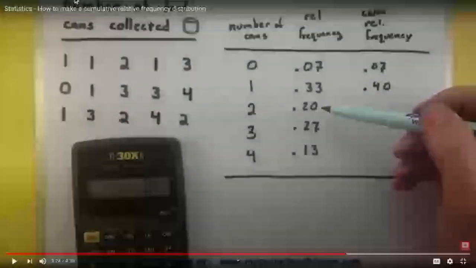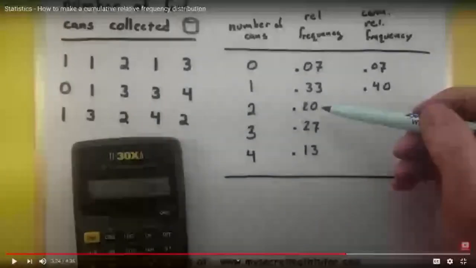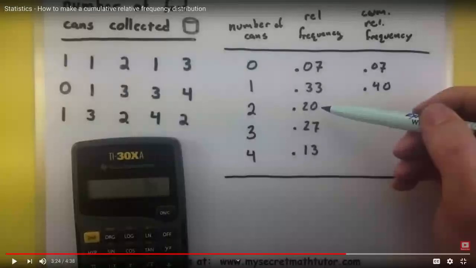So I just want to stop there because basically this is what the cumulative relative frequency is. So for the first row we have 0.07. That's the relative frequency out of the total. So the cumulative relative frequency is 0.07 because it's the first measurement.